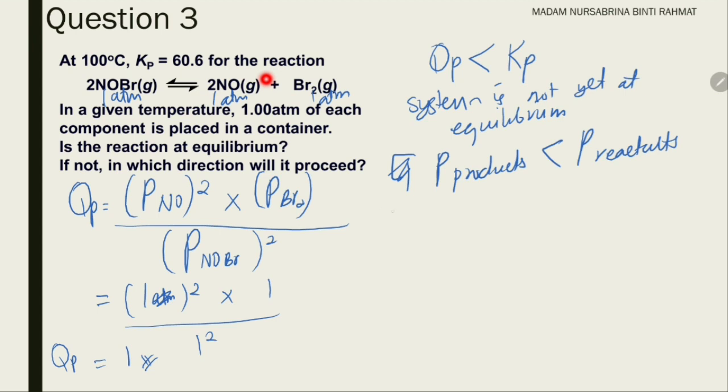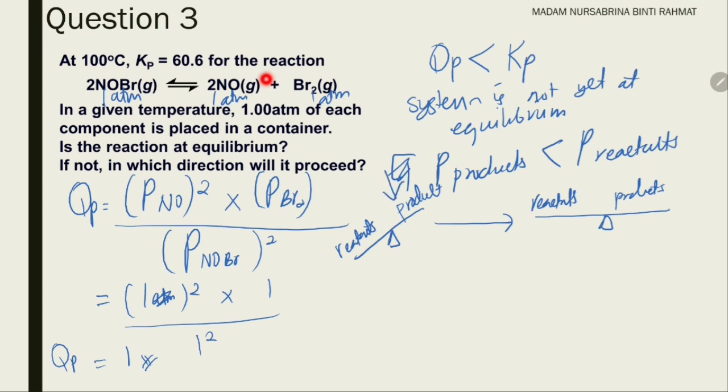If we draw a seesaw, you will see it's slanting towards the reactants, because of high pressure at the reactant side and low pressure at the product side. In order to establish equilibrium, both sides need to have the same pressure, so we're going to add more pressure on the light side. The reaction will proceed from the heavier to the lighter side, which is from left to right.